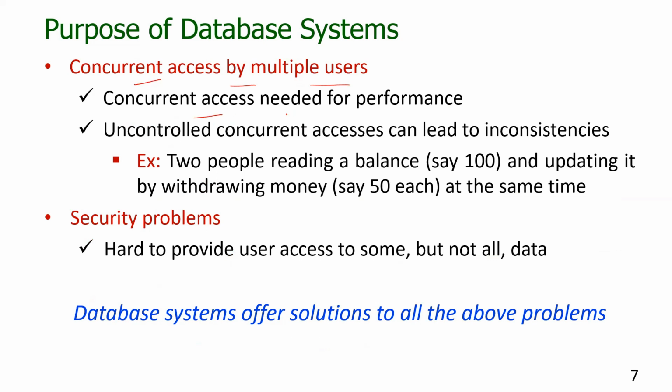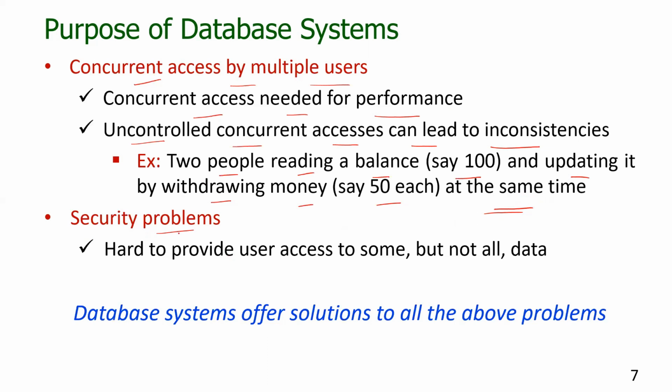Concurrent access is needed for performance, but uncontrolled concurrent access can lead to inconsistencies. For example, two people reading a balance, say 100, and updating it by withdrawing money, say 50, each at the same time. So this is parallel access by not only a single user but multiple users.